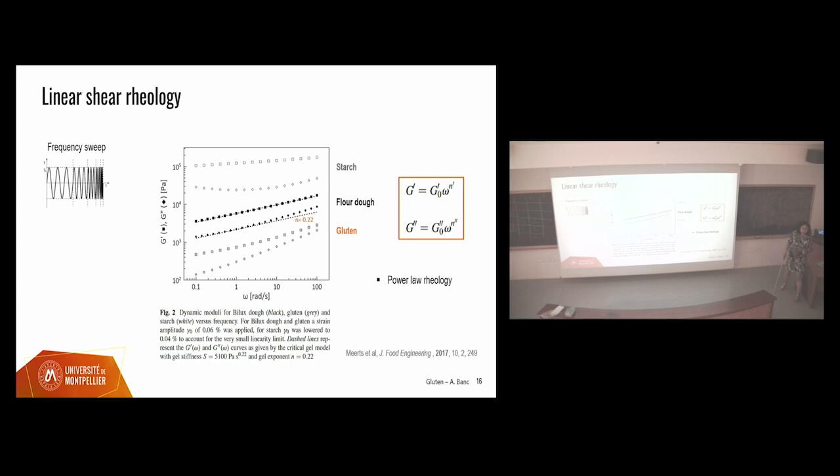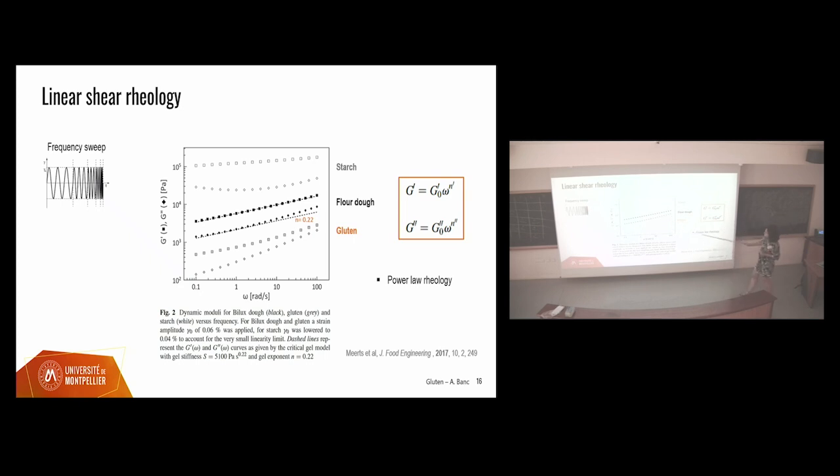Nevertheless, people measured typical frequency sweeps. So there are a lot of frequency sweep measurements of gluten in the literature. I give one, which compares the rheological response of gluten with flour dough and starch. Typically, the flour dough is characterized by this power law signature with an exponent which is close to 0.2, 0.3.